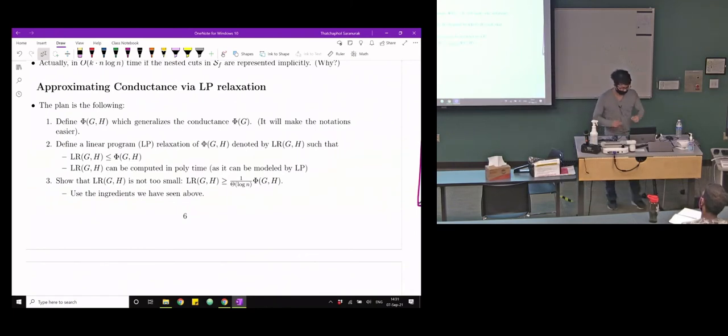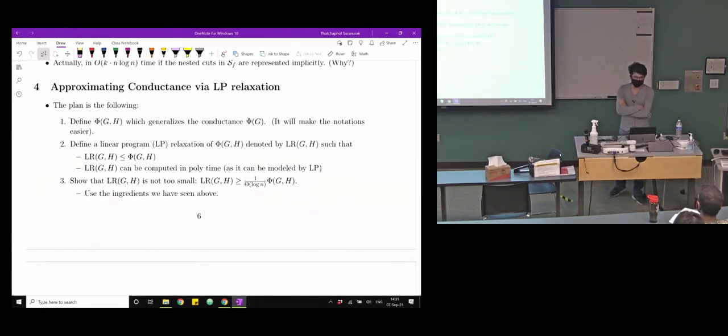Okay, let's continue. Now we have everything we need, and the plan is the following. We made a long digression, but the goal is to approximate the conductance of some graph, right?